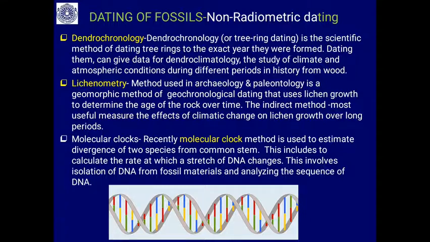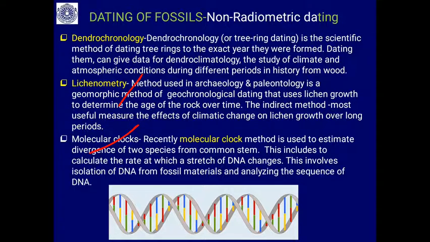Let us see the non-radiometric methods: dendrochronology, lichenometry, and the more recent and popular molecular clock. Dendrochronology is tree ring dating, a scientific method of dating tree rings to the exact year they were formed.